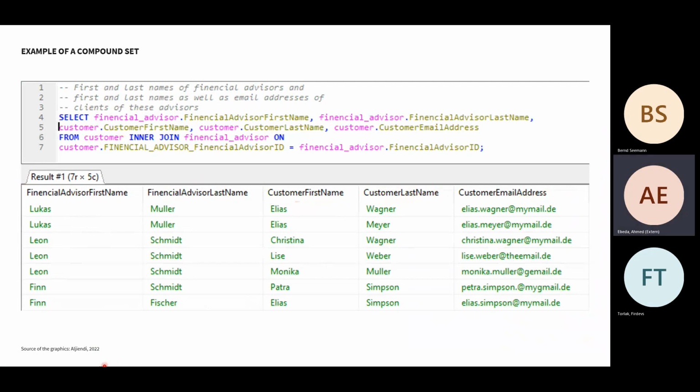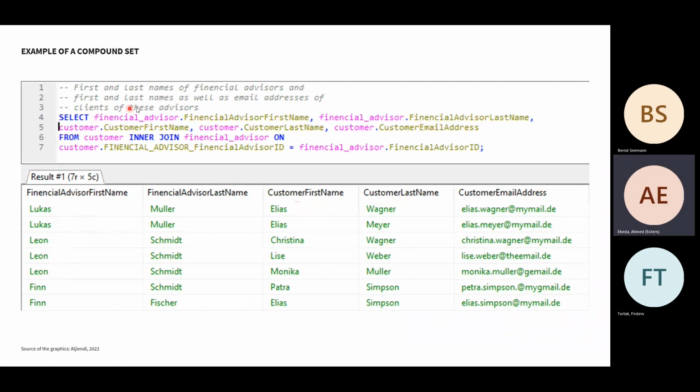This is a join between three tables. So first of all you say select financial advisor dot first name, last name, customer first name, customer last name, customer email address, from.